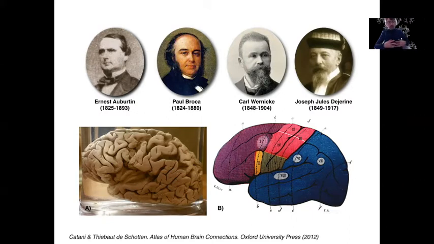During scientific meetings, Aubertin showed that if he put a little pressure on the brain, which you could see through the skull wound, the patient was not able to speak anymore. And this pressure was happening at the level of the inferior frontal gyrus in the brain.